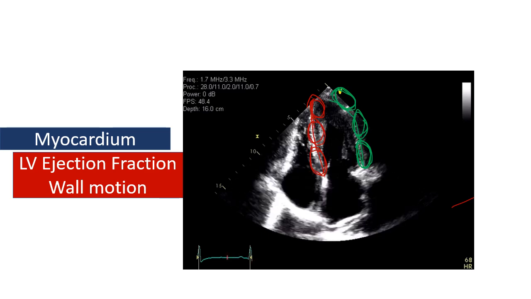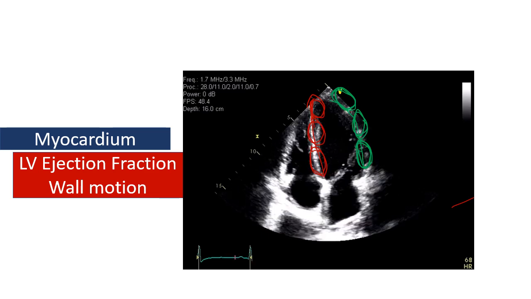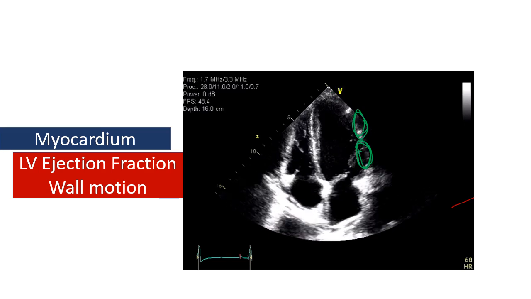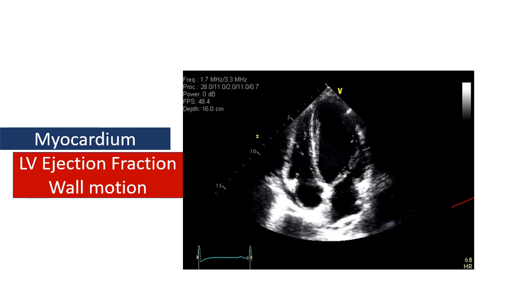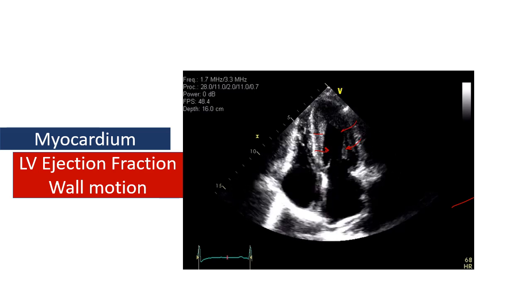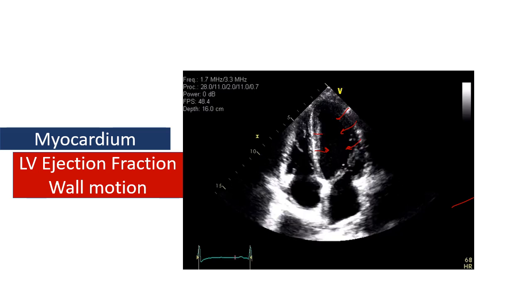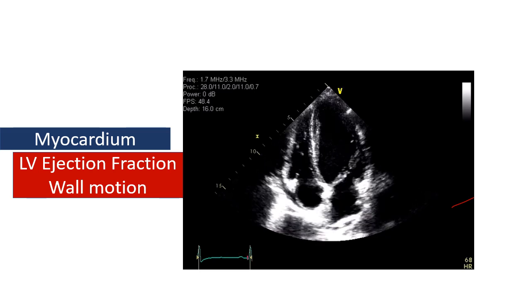What is meant by contractility is that you observe the thickening that occurs in the myocardium. Here the myocardium thickens, and also the inward motion of the myocardium. You shall comment on both. So if those are evident, you say that is a normal kinesis of the myocardium or normal wall motion.